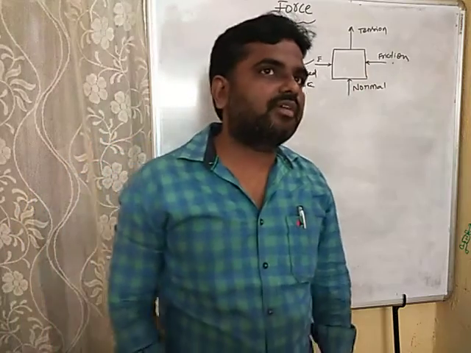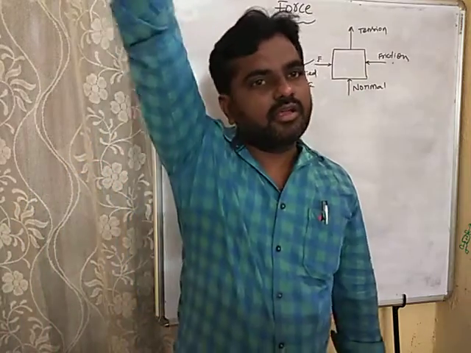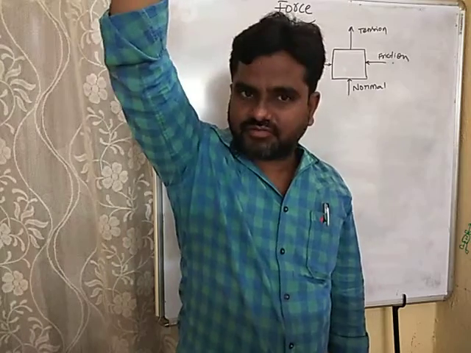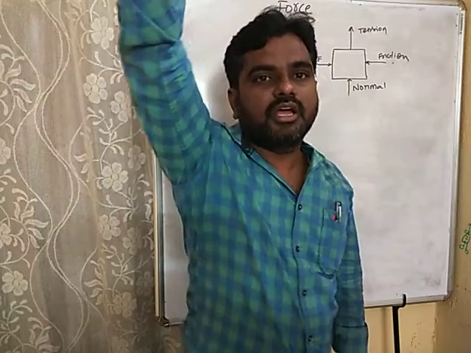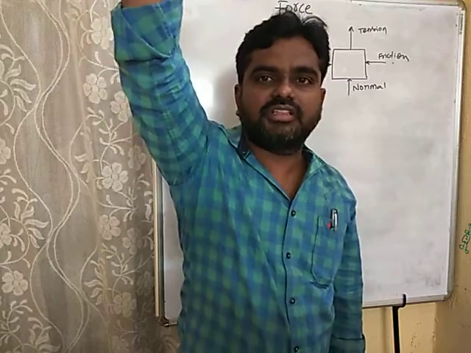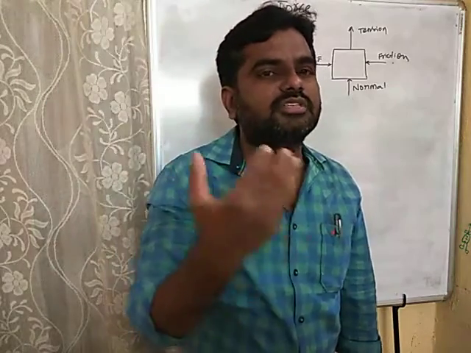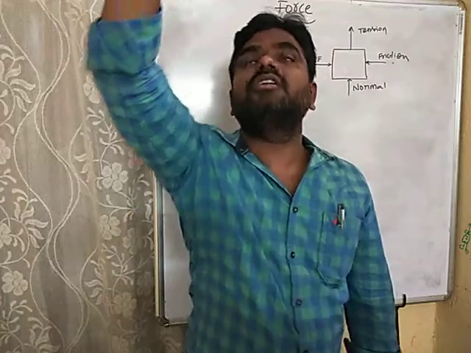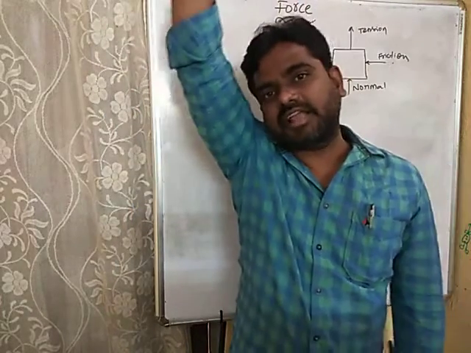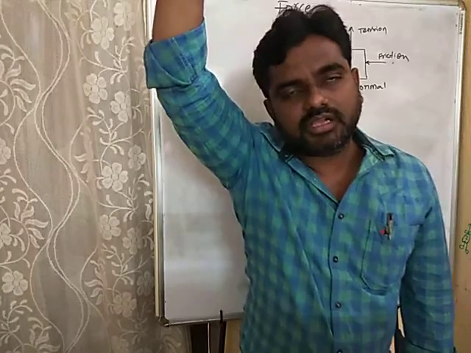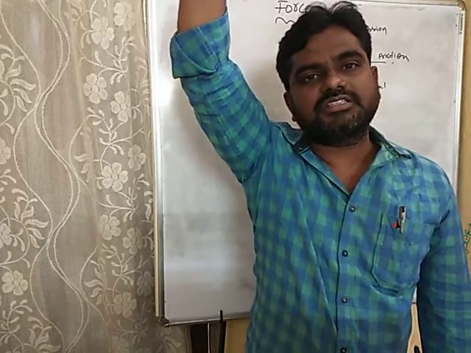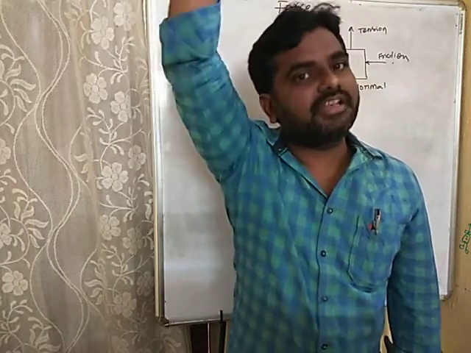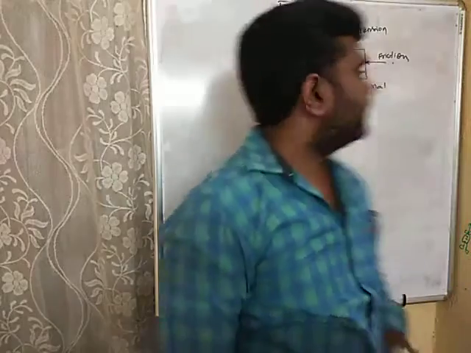For example, if a monkey is hanging on a branch, if it is holding a branch of a tree, then how many types of forces act on that monkey? Easily. Now see, with the help of its hand, the monkey is holding a branch. That means it is a tension force which is acting in an upward direction.